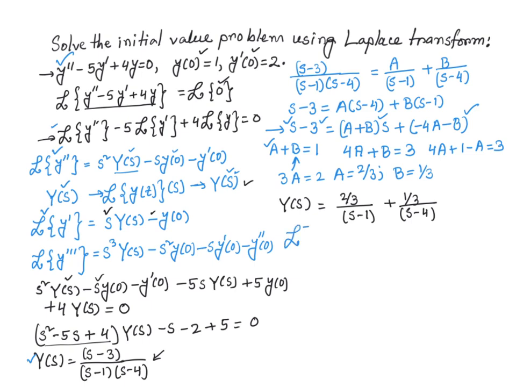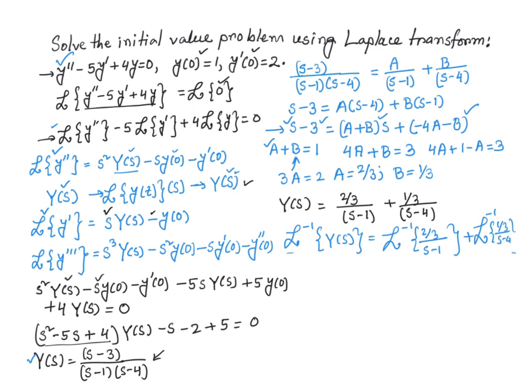So the inverse Laplace transform of Y of s is going to just give me y, or y of t in our case. The inverse Laplace transform of 2/3 over (s minus 1). Remember, the Laplace transform is linear, right? Plus the inverse Laplace transform of 1/3 over (s minus 4).